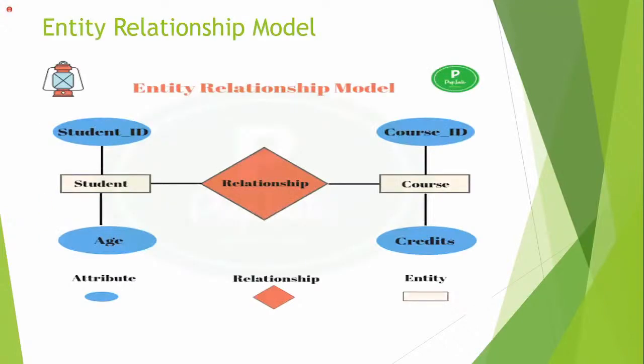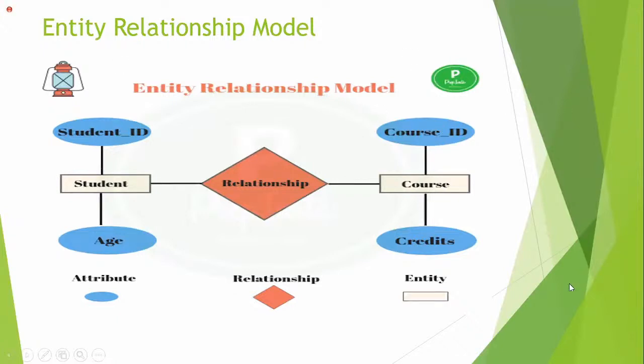See here, this is one important diagram, the ER diagram, the entity relationship model. A simple model; we'll see it in detail next class. Entity relationship model means we will take the same example we have seen: the student ID, student, and age. This will come under one data object.